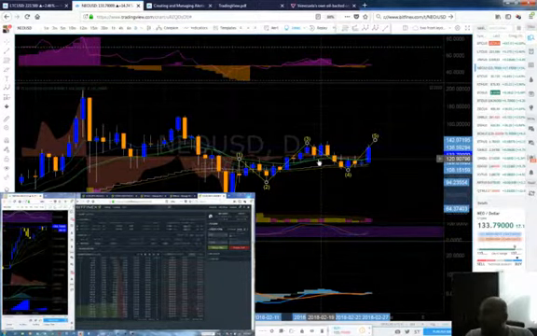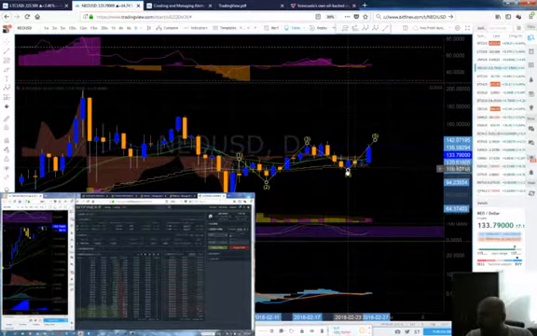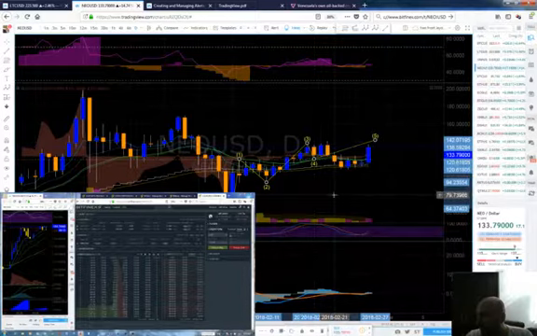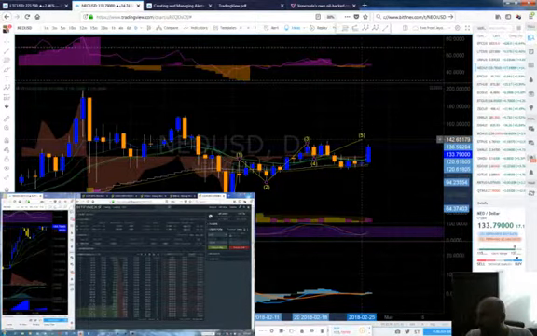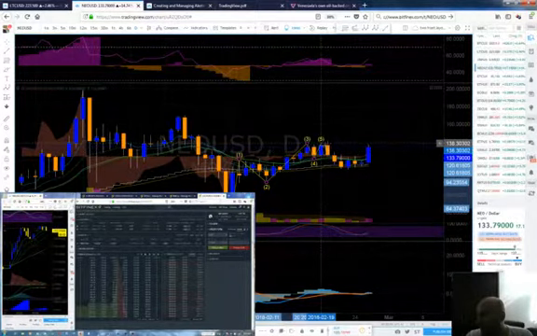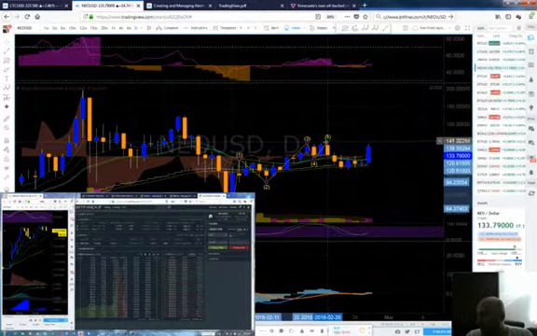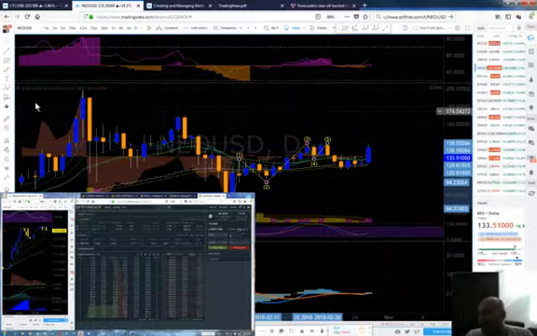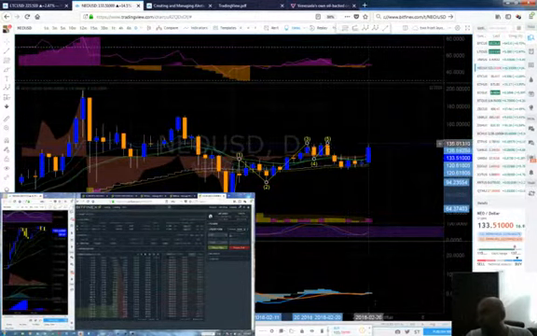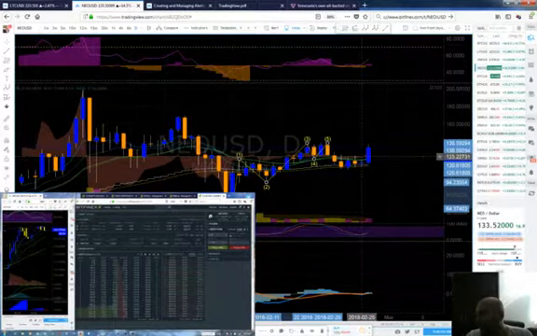Now maybe this could be 4 right in here, because 4 is supposed to never go below 1, so this could be 4, and the fifth could be this one. Then you go 1, and then you go A, B, C, or 1, 2, 3, or whatever.